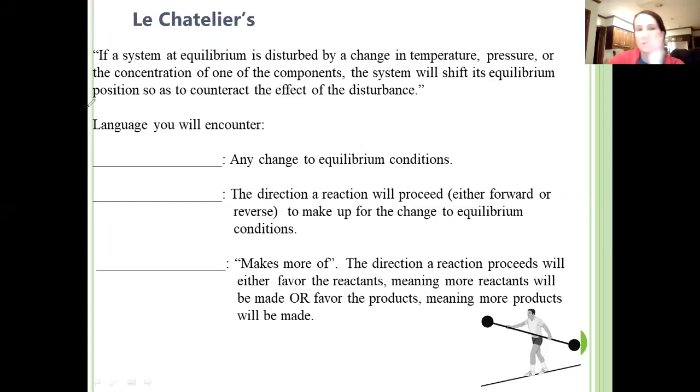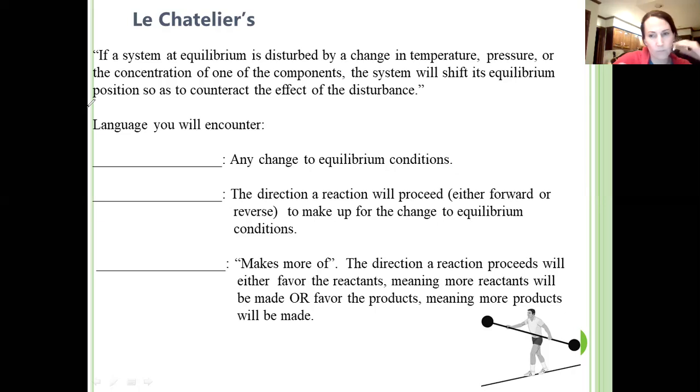All right, so this is Le Chatelier's principle. It says if a system at equilibrium is disturbed by either a change in temperature, a change in pressure, concentration, sometimes volume if we're talking about pressure, the system will shift its equilibrium to counteract that effect.